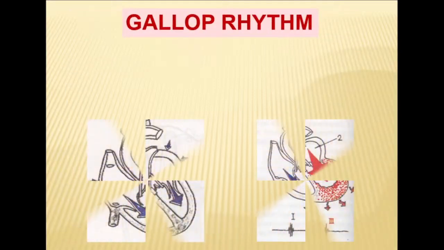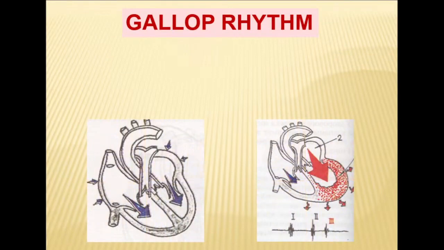Gallop rhythm will show another process during the diastolic period. It will show vibration of the heart muscles, which lose elasticity and respond inadequately to the passage of blood.